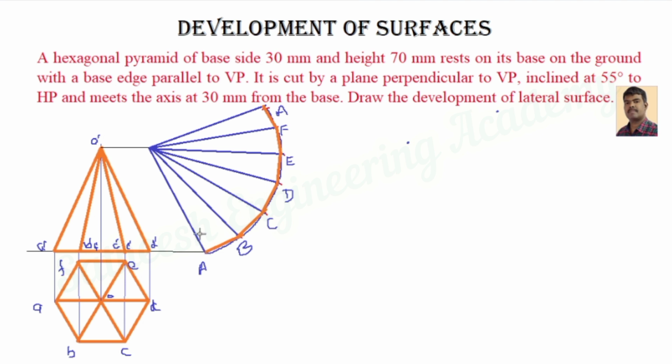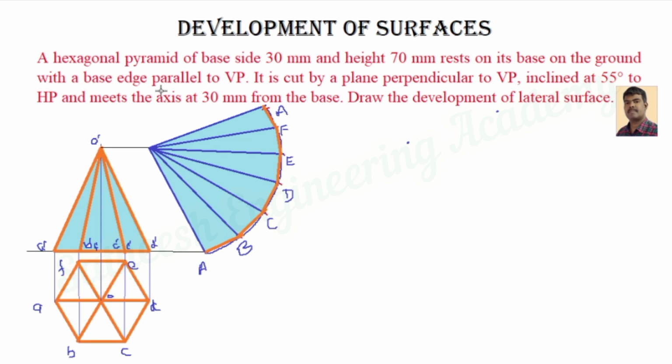Then, before the cut, the green shaded and blue shaded area in this diagram is nothing but the development of the hexagonal pyramid.